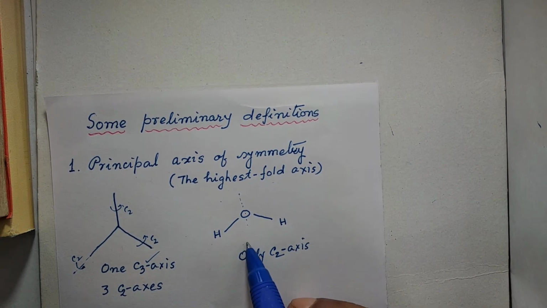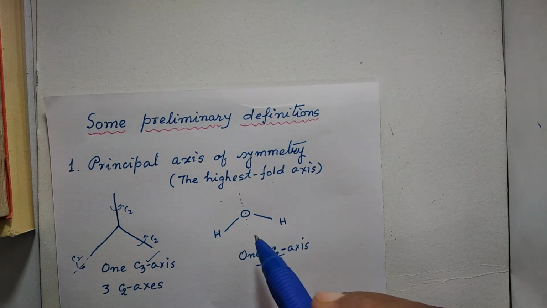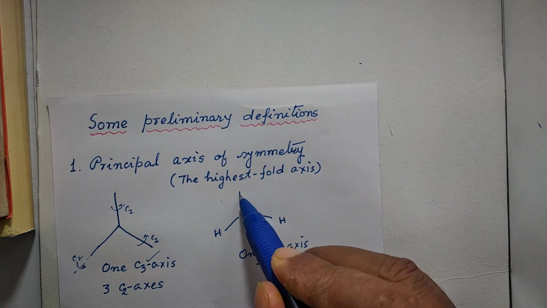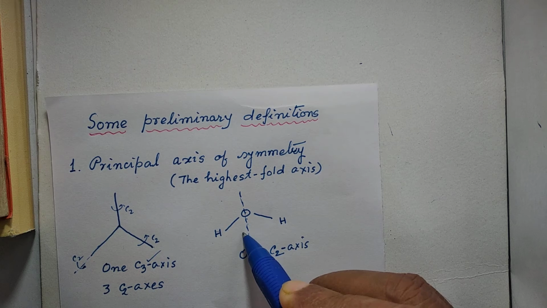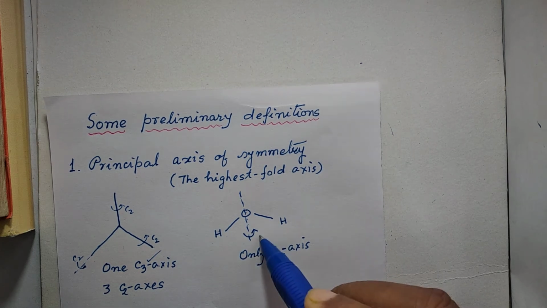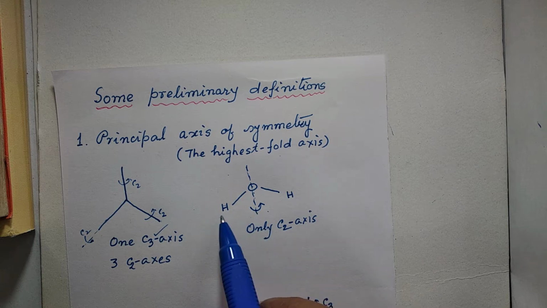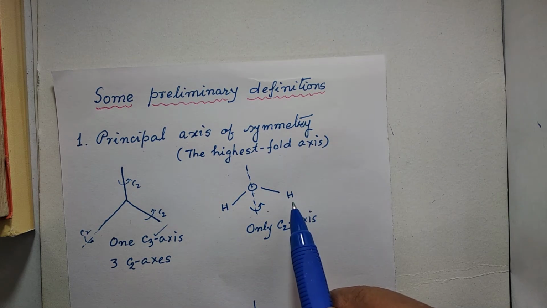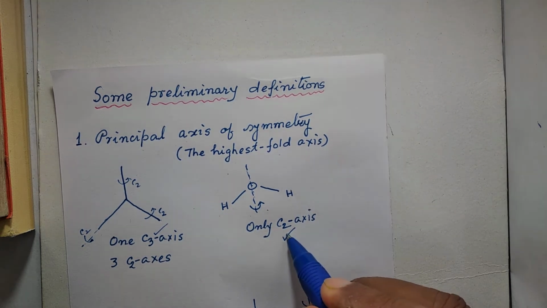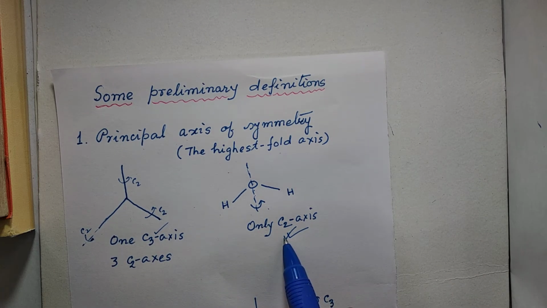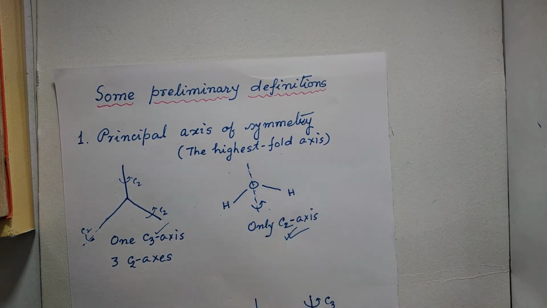In case of water molecule, there is only one axis of symmetry, which is a two-fold axis. Since there is no other rotation axis, this C2 axis will be considered as the principal axis for water molecule.